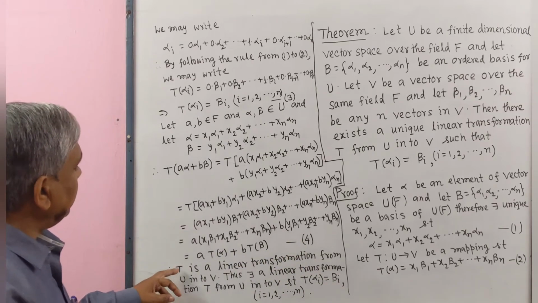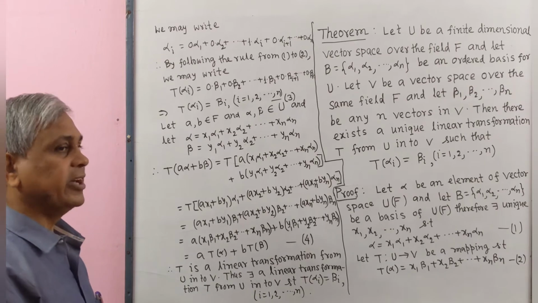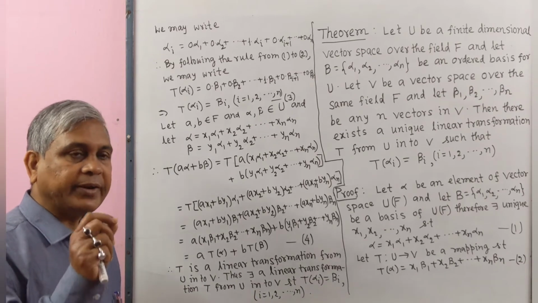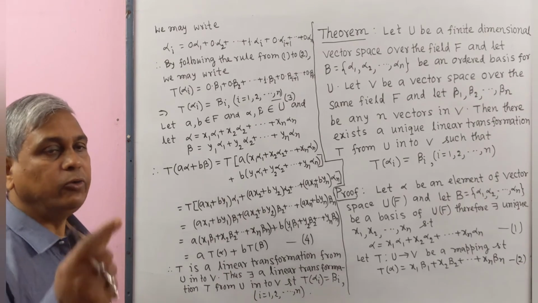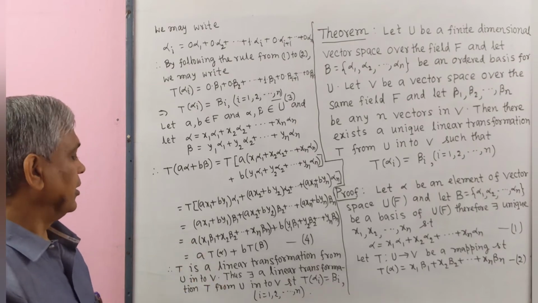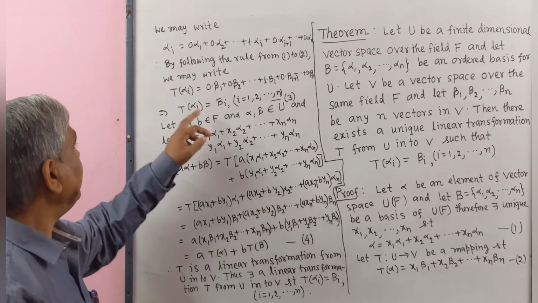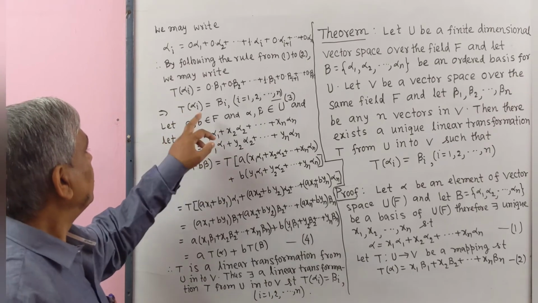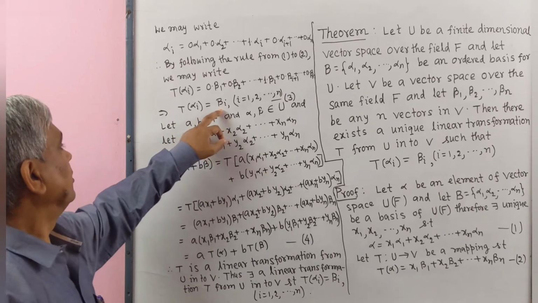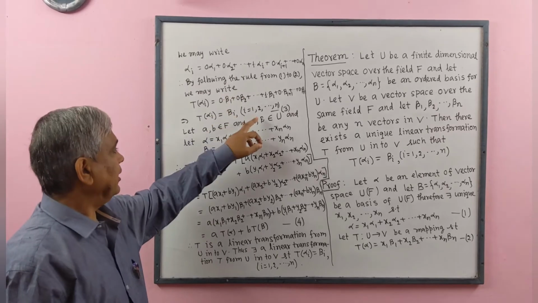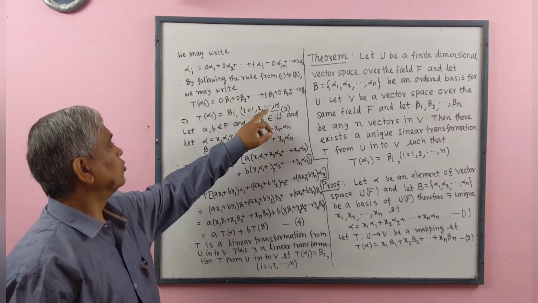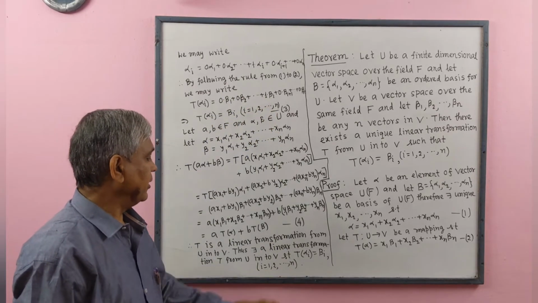Therefore, T is a linear transformation from vector space U into vector space V such that T alpha i equal to beta i, i equal to 1, 2, dot dot dot n.